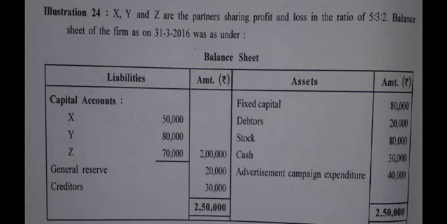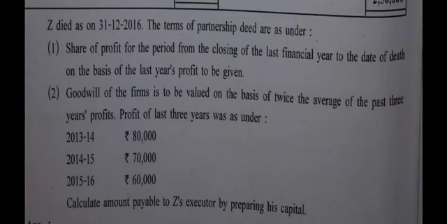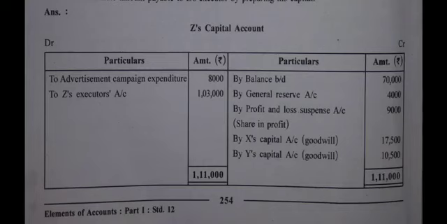It is 2 by 10. So 20,000 is general reserve given in your balance sheet on liabilities side. So 20,000 into 2 by 10. So the share of Z is 4,000 written on credit side of his capital account, if you can see.